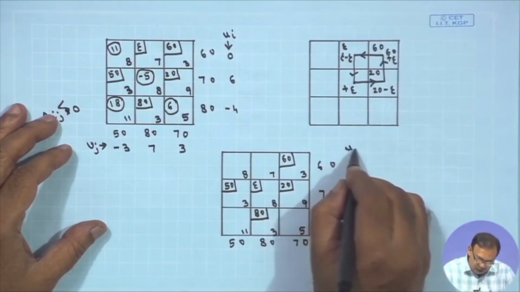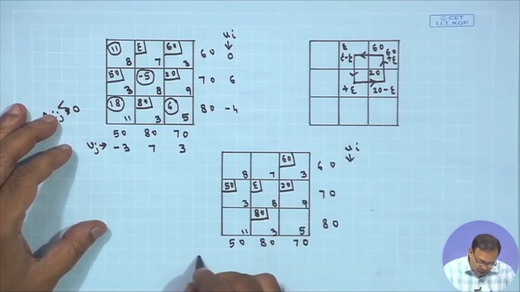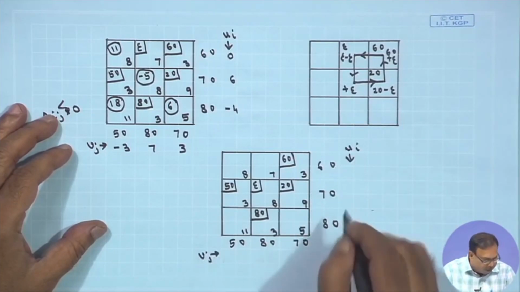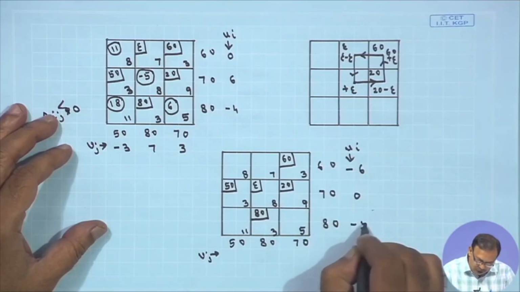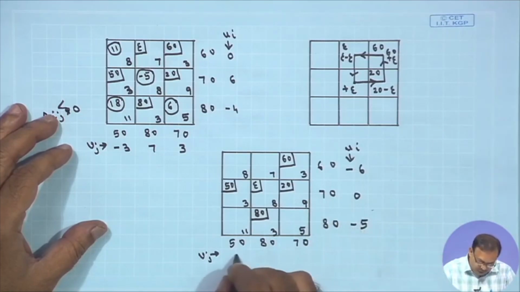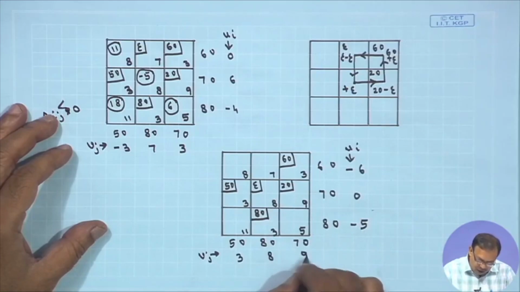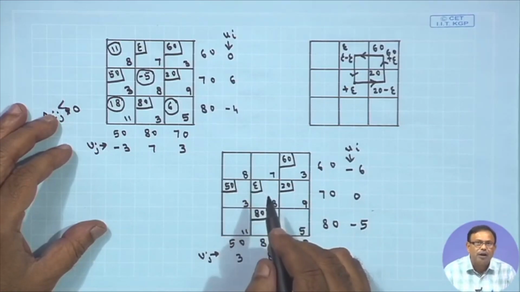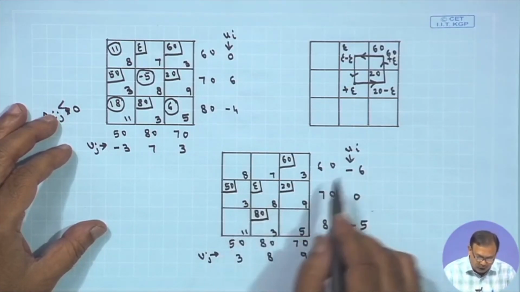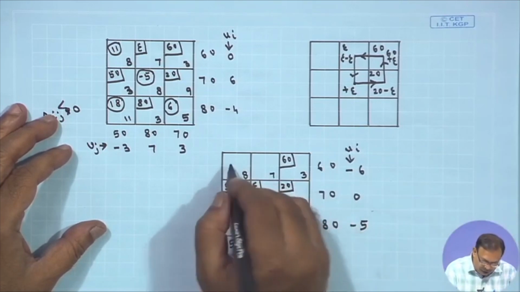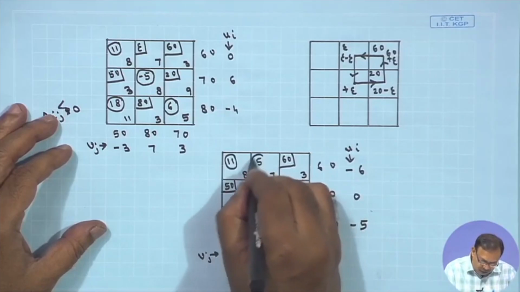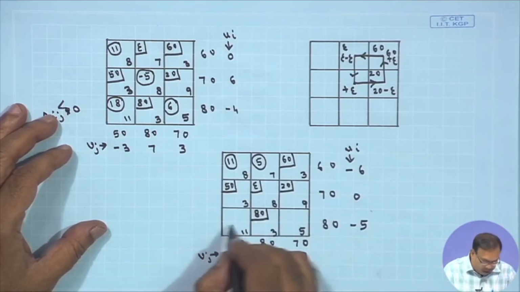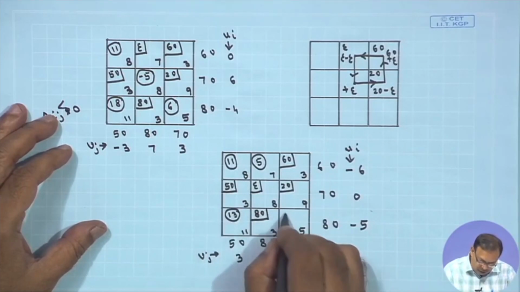For that you will calculate the ui values and the vj values. The ui values will become minus 6, 0, minus 5 and your vj values will be 3, 8, 9. Now, you calculate delta ij, that is Cij minus (ui plus vj), for the unoccupied cells. You will find that in this case it is 13, and here it is 1.